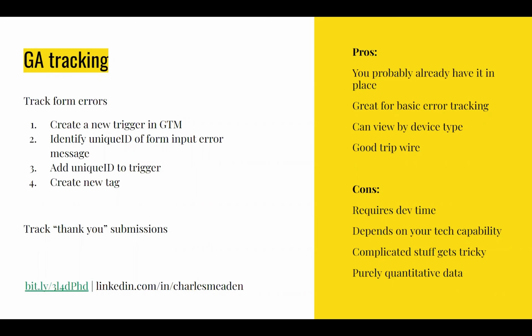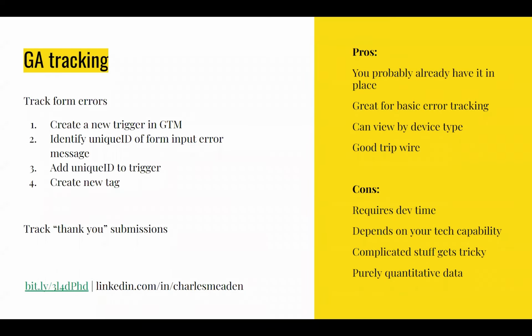So it's creating a new trigger in GTM, then identifying the unique ID from any given form input error that you wish to track, adding that unique ID to a trigger, and then creating a new tag. So this approach is great because most of you have probably got Google Analytics in place or some kind of analytics, and it's really good for basic error tracking, just to keep a baseline of how your form's doing.